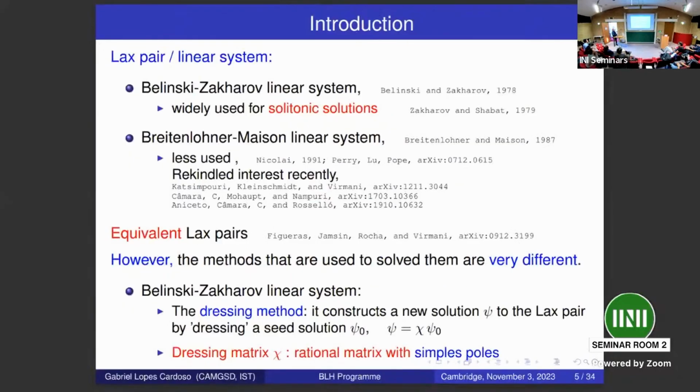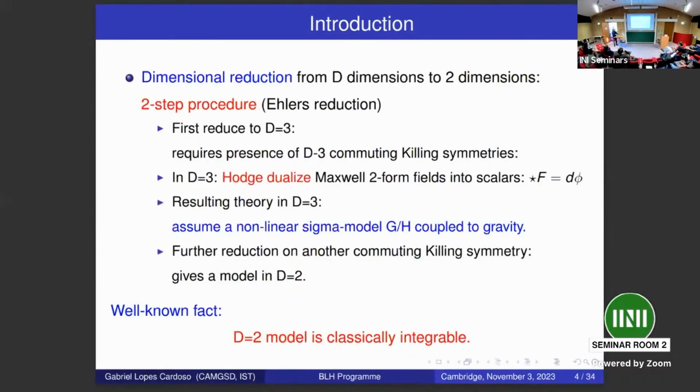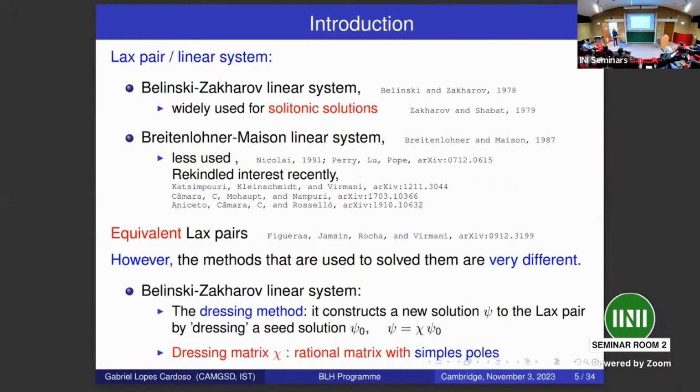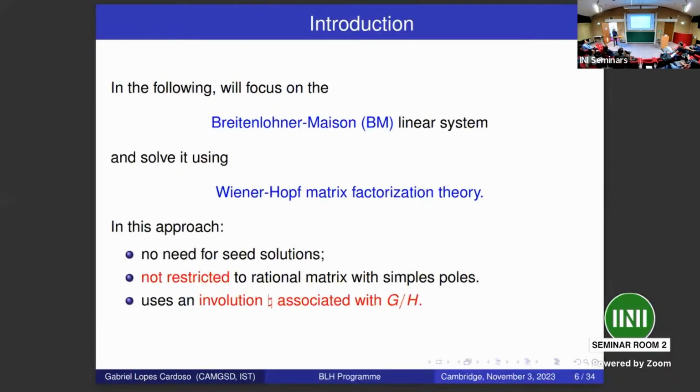And as I told you before, if you recall what I told you about the systems one is studying in 3 or in 2 dimensions, these are scalar fields whose target space is a symmetric space. So there is a Lie group G involved in the game. Associated to this target space, there is an involution. And this involution here is a central quantity in this Breitenlohner-Maison approach.